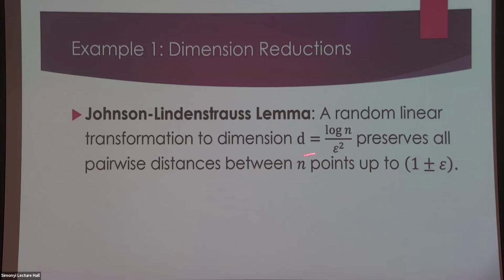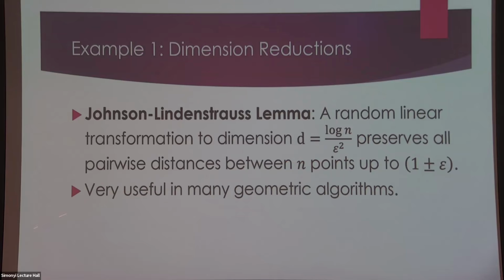And as I said, in many, many applications, this is small anyway. In some applications, it is not small. First of all, this is very useful in geometric algorithms of various sorts and so on. If epsilon is relatively large, then this is quite small and this matrix is quite narrow anyway.